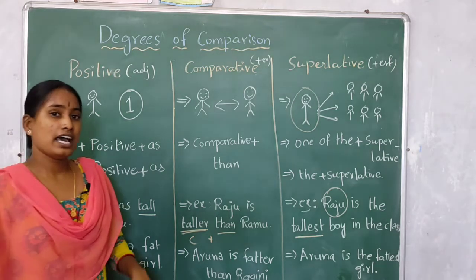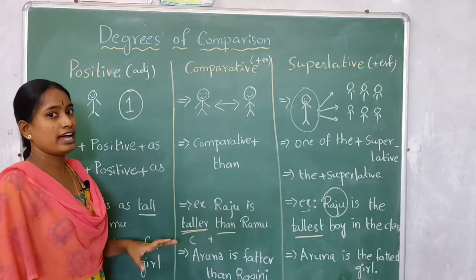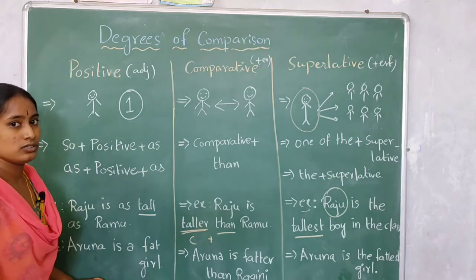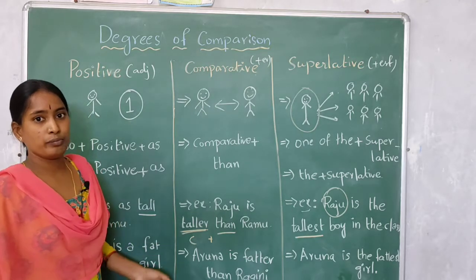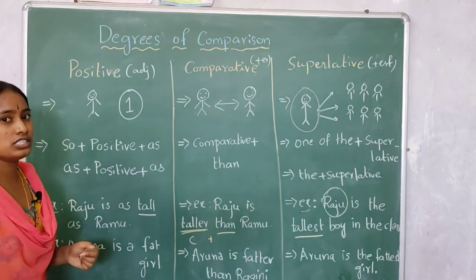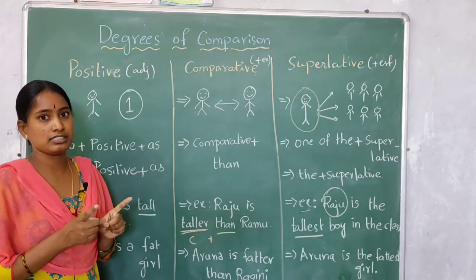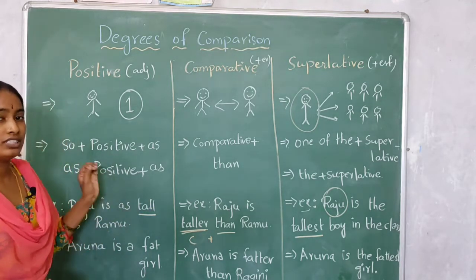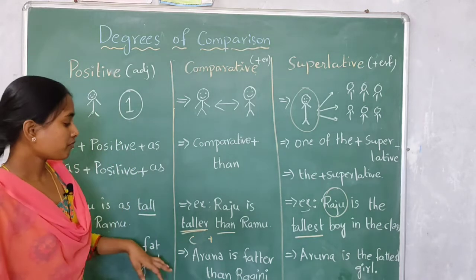Aruna is as fat as Ragini, or so fat as Ragini. So like that I can also compare Aruna with one more person using only positive degree. I am not using comparative degree to compare two persons. I am using only positive. This is called interchange of degrees of comparison.